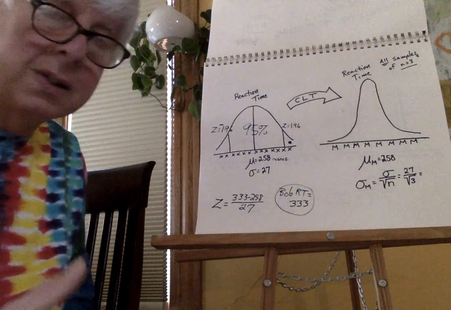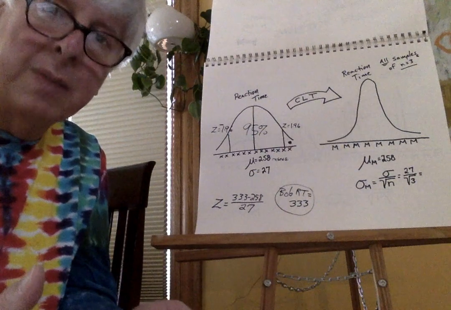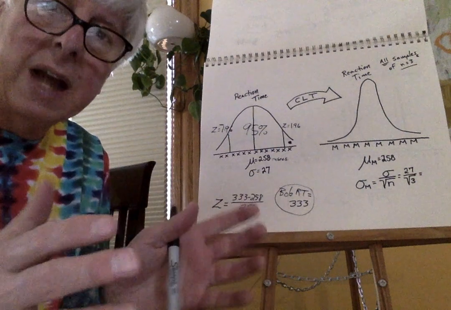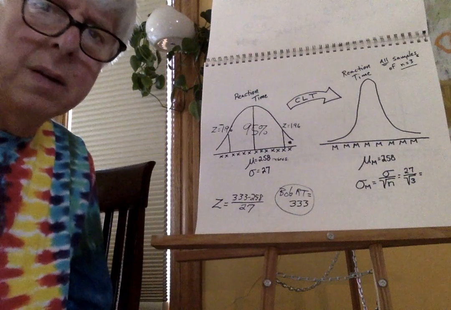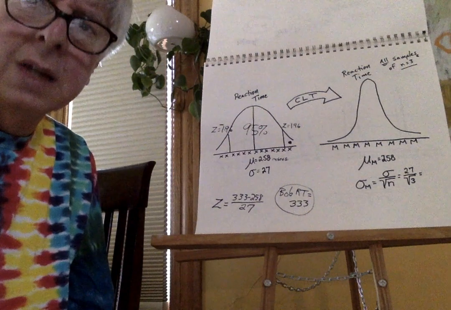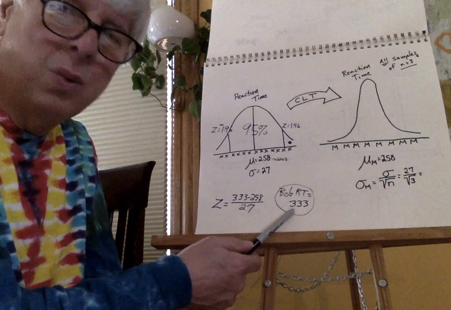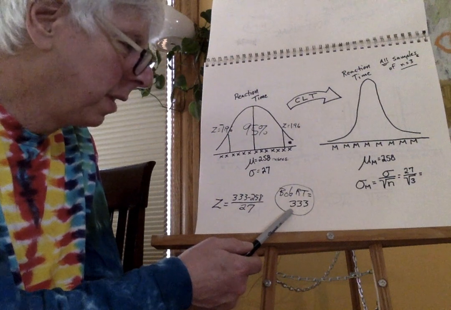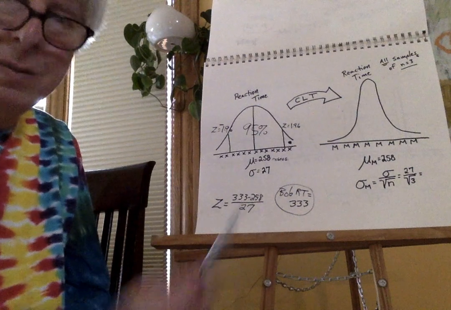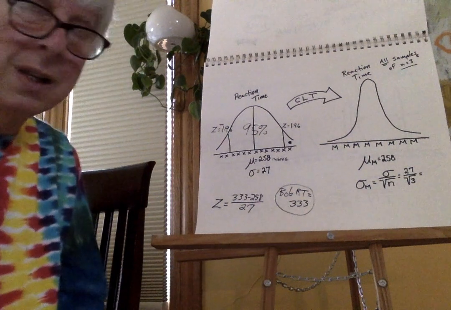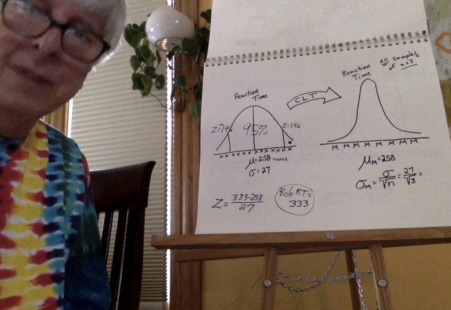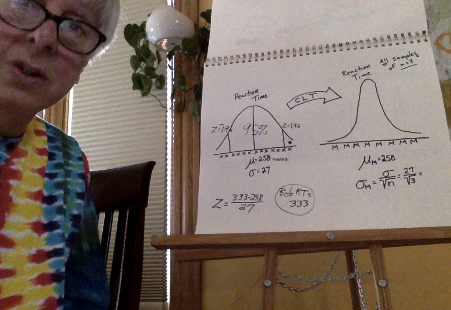What I'm asking is something equivalent to that canvas bag. Bob has reaction times, and I want to make a guess about what that is. I want to infer what his reaction time is. With just one guess, a trial of 1, I'm not going to be very confident that I know what Bob's reaction time is.